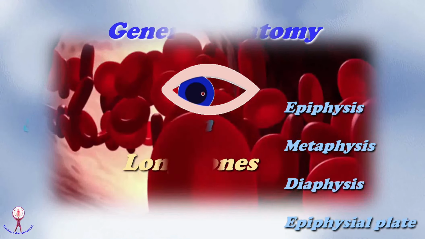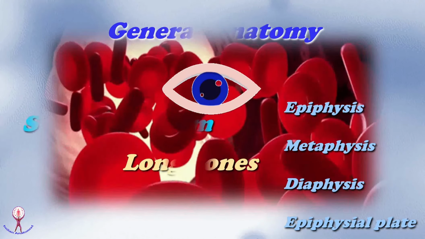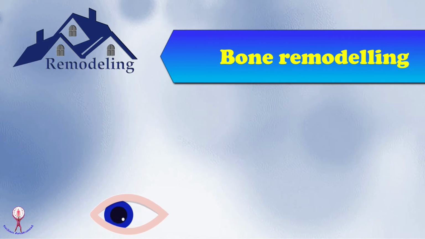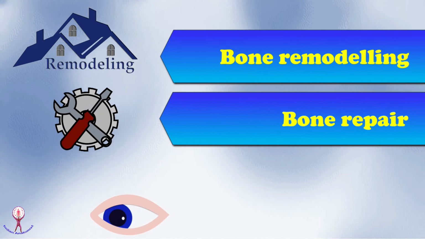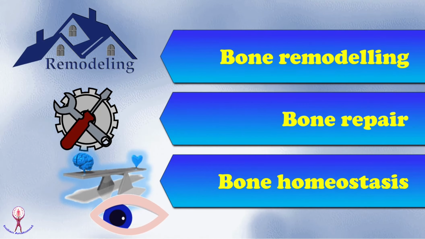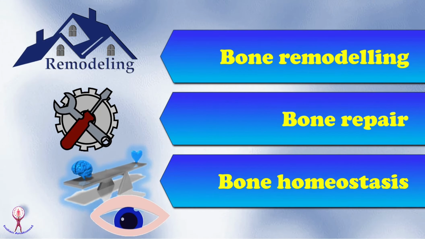Now, I will explain how long bones get their blood supply. Stay watching. What is the purpose of blood supply to long bone? 1. Bone remodeling. 2. Bone repair, and 3. Bone homeostasis. This is applicable to all the body tissues.